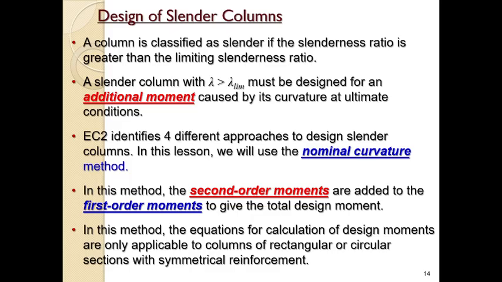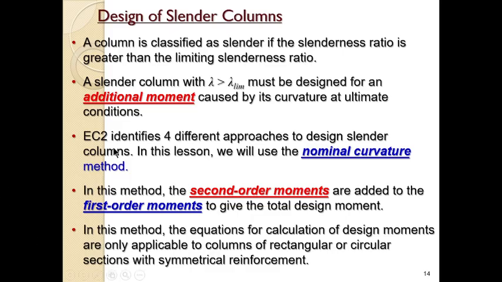So a slender column introduces an additional moment to the primary moment that the column was carrying. The additional moment is due to this curvature as a consequence of its slenderness.